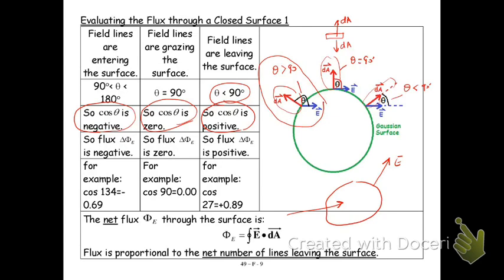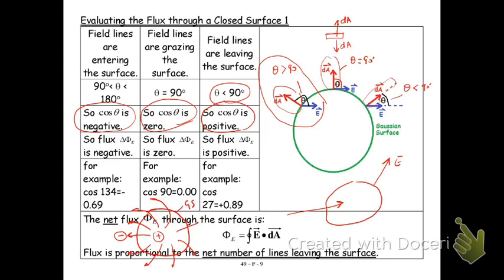So if I had this, and I said positive and negative and positive, and I chose to draw my Gaussian surface around there, then because all the field lines go outwards from this positive charge, they're leaving, I end up with positive flux going through this Gaussian surface.